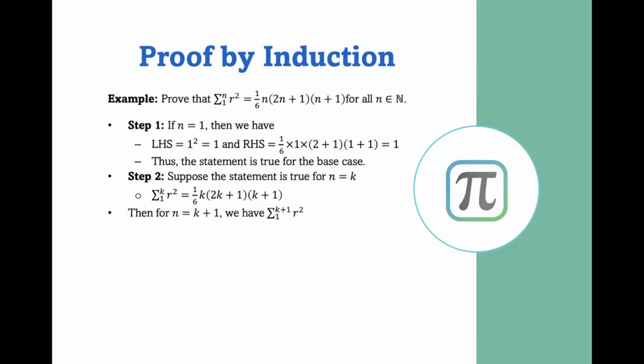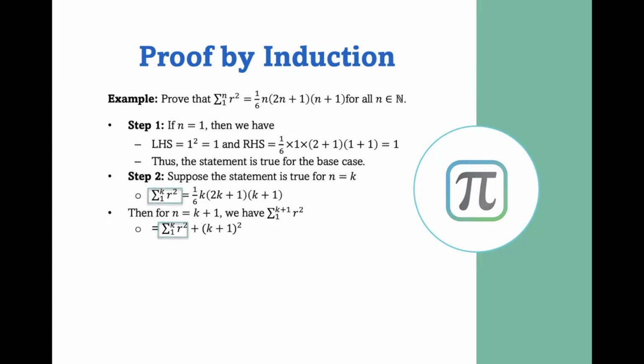So we have the sum from 1 to, this time, k plus 1 of r squared. If you're summing from 1 to k or 1 to k plus 1, the only difference would be the term that is k plus 1. So this can be written as the sum from 1 to k of r squared, plus (k plus 1) squared.